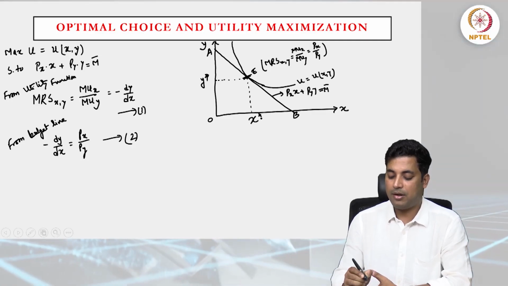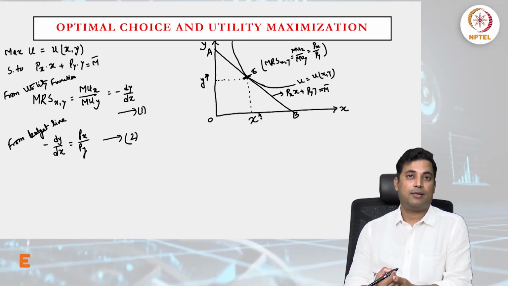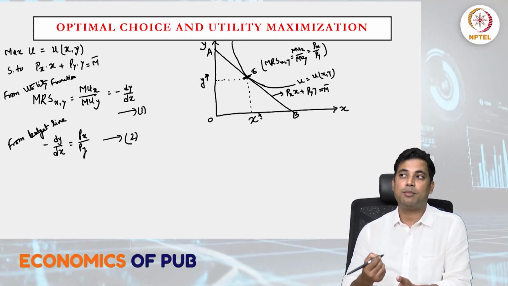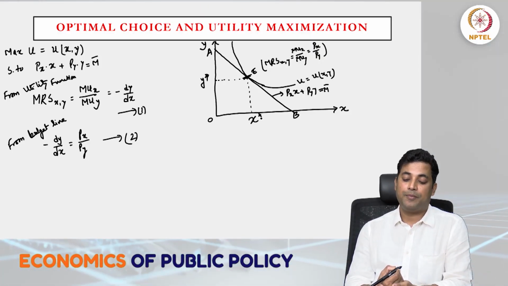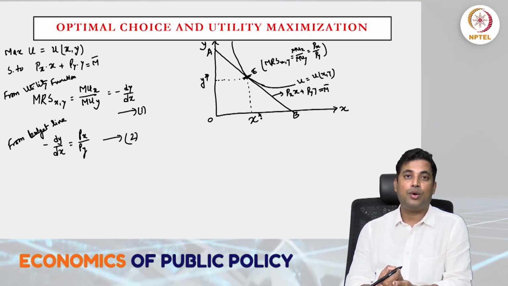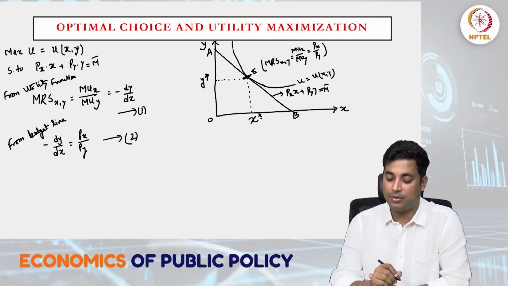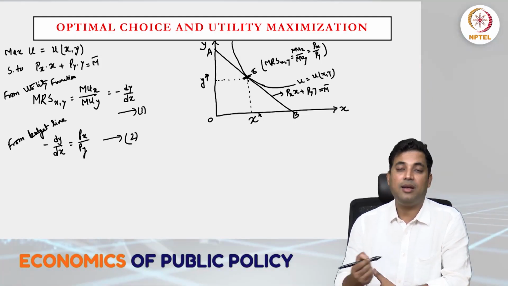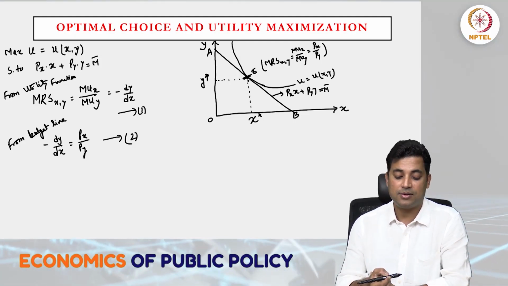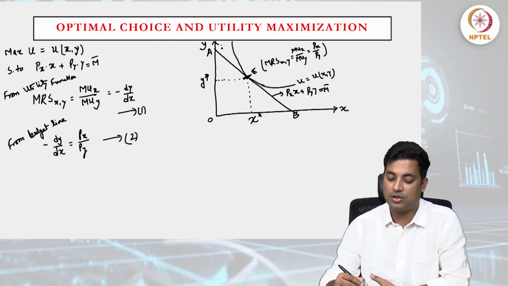Here Ox star is the optimum amount of x, and Oy star is the optimum level of y that we get. So E is the condition of the optimal choice and utility maximization.